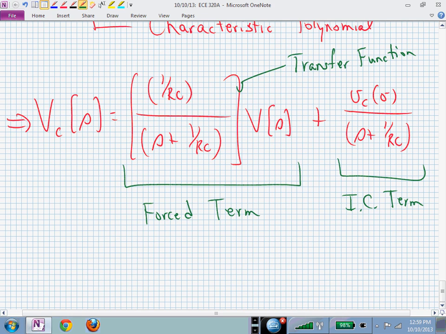Now we have a frequency domain expression, and maybe we don't want to be in the frequency domain. That put us where? Up here in the frequency domain, and we liked playing up here because it was just algebra. But now we need to go back into the time domain to obtain little v sub c of t.